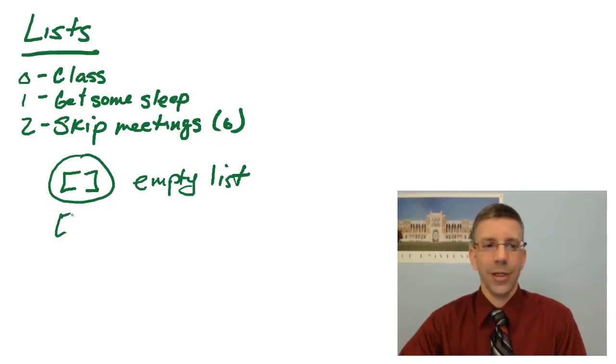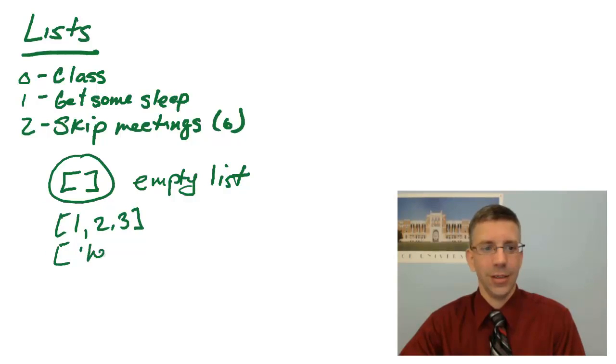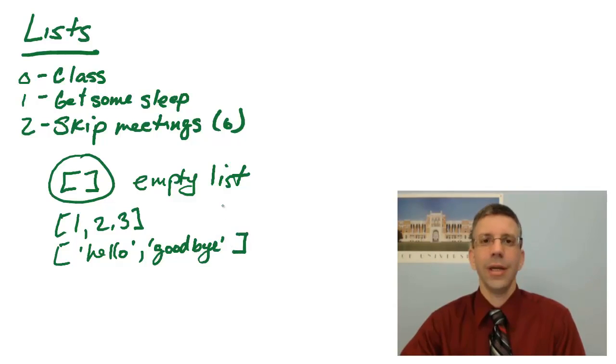I could create a list of numbers, 1, 2, 3. I could create a list of strings. And don't forget the quotes around here. So all of these things are lists, and they associate 0 or more pieces of data together.